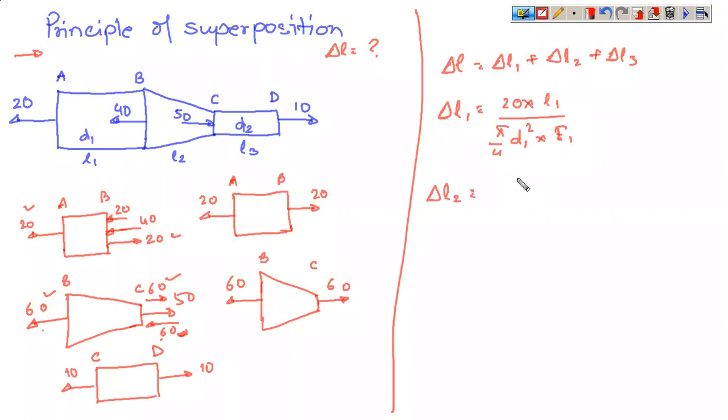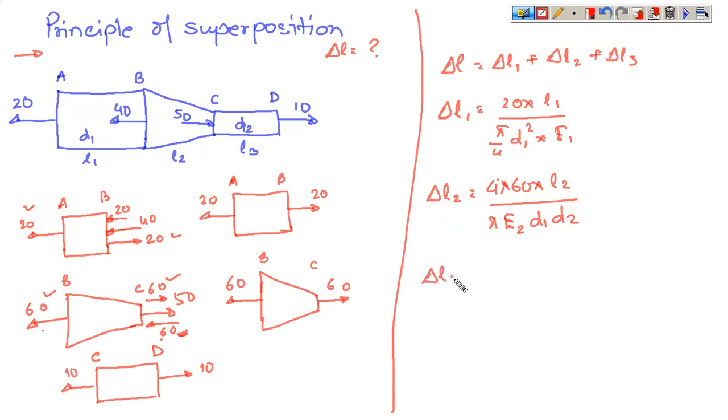Now this is 60 into L2, 4PL by pi E D1 D2, क्योंकि ये एक टेपर्ड सेक्शन है with a constantly decreasing diameter. So the formula is 4PL by pi E D1 D2.